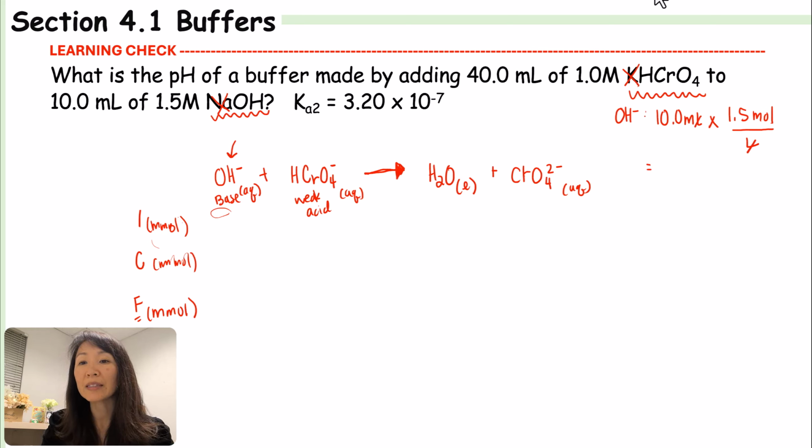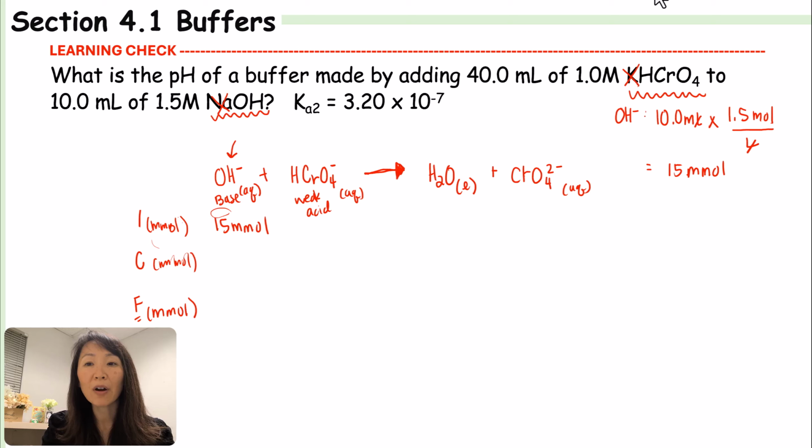And so we get 10.0 milli times 1.5. If you punch this into the calculator, it's 15 with the right sig figs, and that would be millimoles. Okay, so I have my initial as 15 millimoles here.